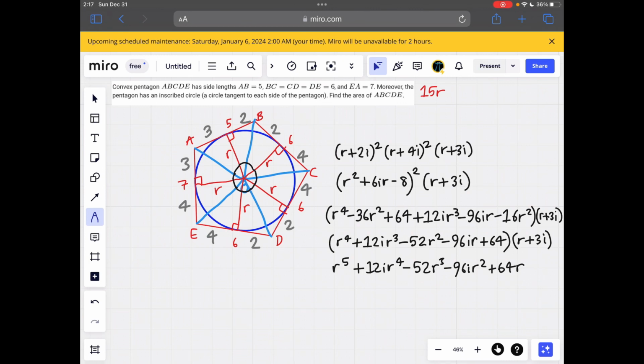So multiplying 3i times r to the 4th would give you plus 3i r to the 4th. 3i times 12i is minus 36, so minus 36r cubed. And then 3i times negative 52r squared, that's minus 156ir squared. And then 3i times negative 96i is 288, so plus 288r. And then finally we have 192i.